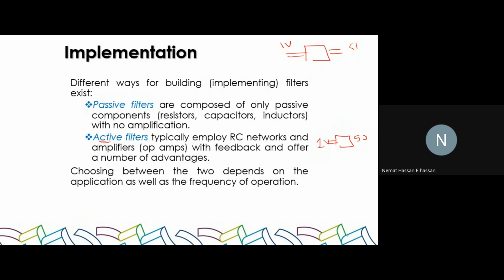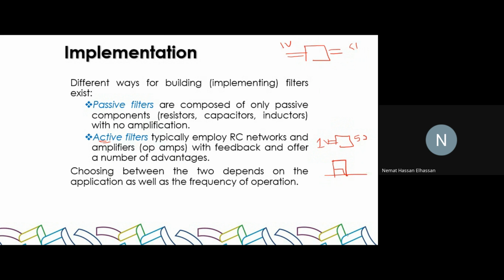The amplifiers don't do filtration. They don't block frequencies. They only enhance the amplitude of the pass band. Clear? So instead of your pass band perhaps looking like this, it could be more like this with a higher amplitude. That's all. And that's the only difference between a passive and an active filter.